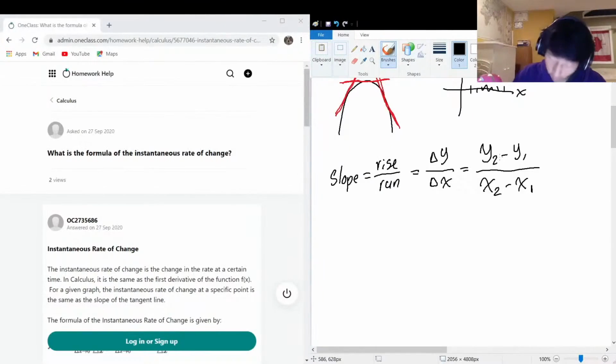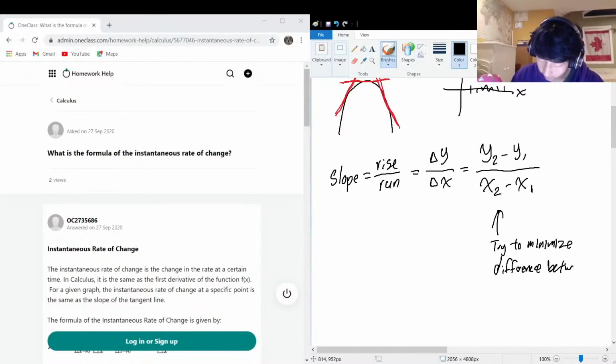So try to minimize the difference between x2 and x1. So imagine that we had a little something like this.